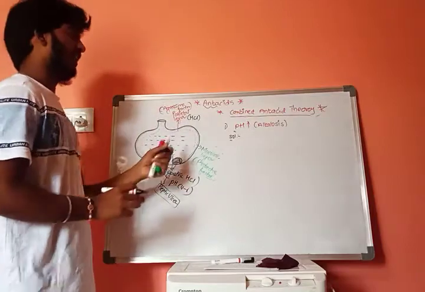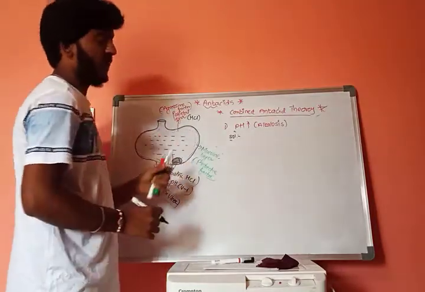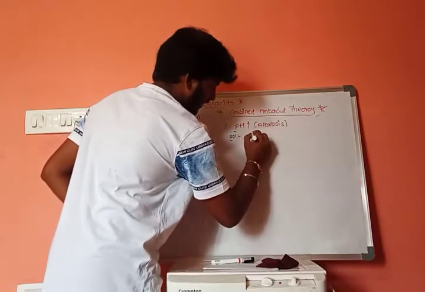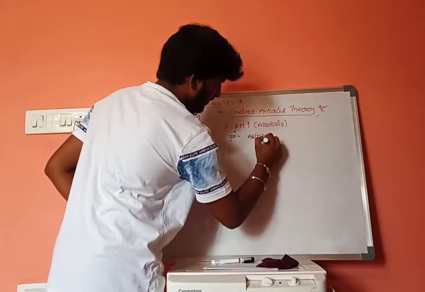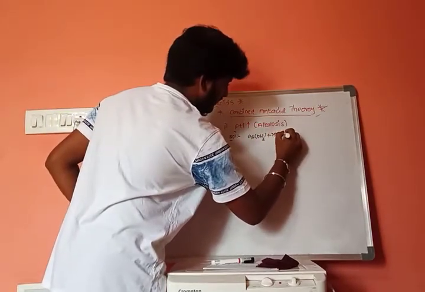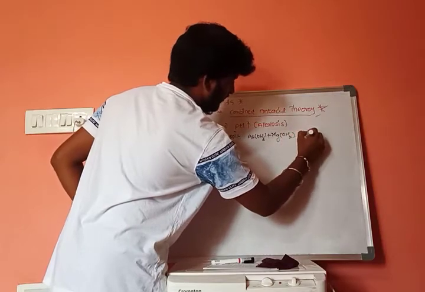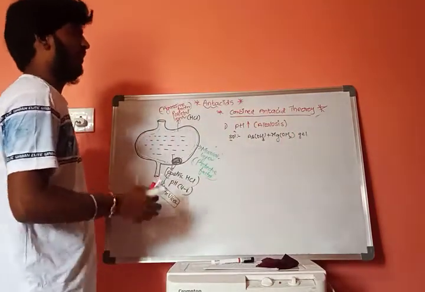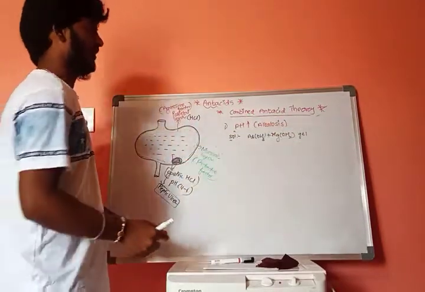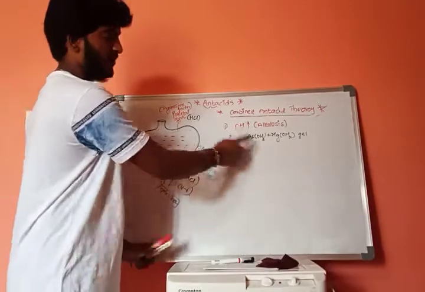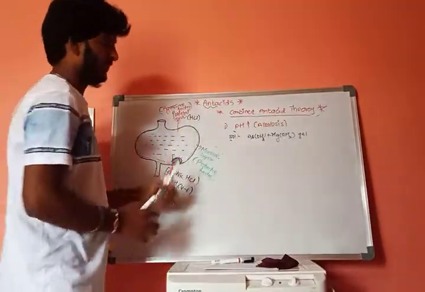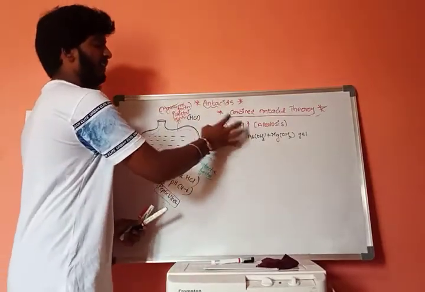As we discussed, for alkalosis, some aluminum containing antacids like aluminum hydroxide plus magnesium hydroxide gel will be inserted into our body orally.